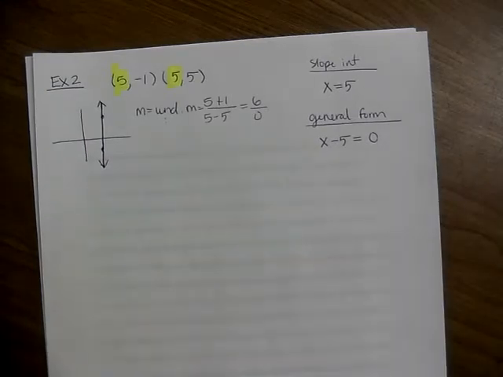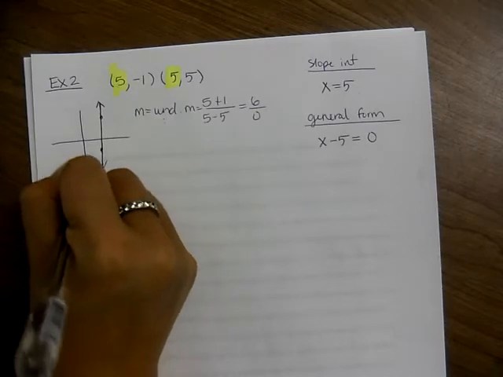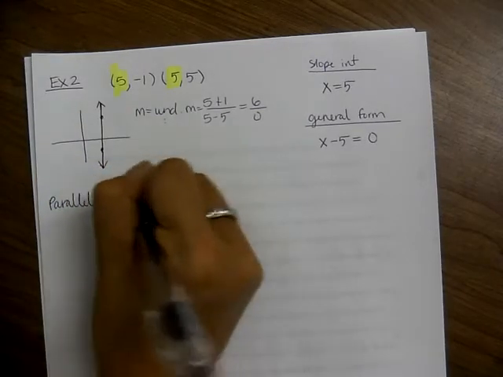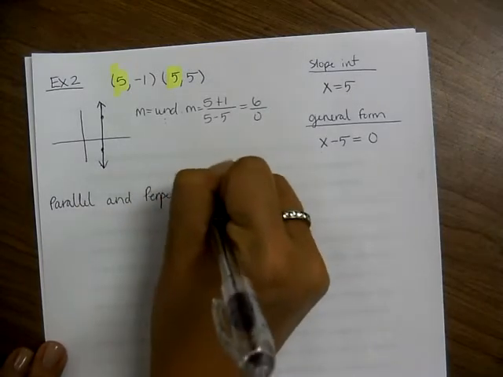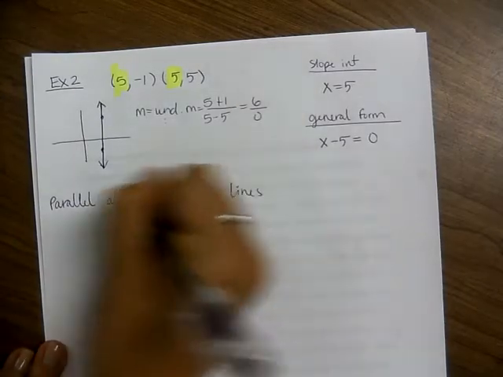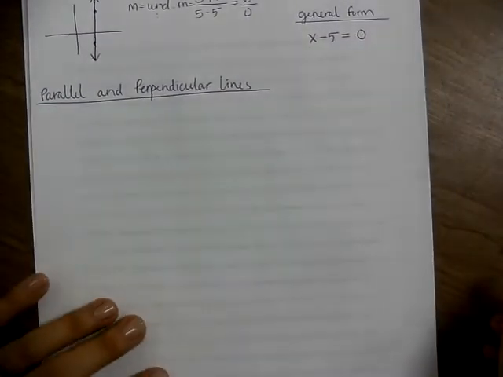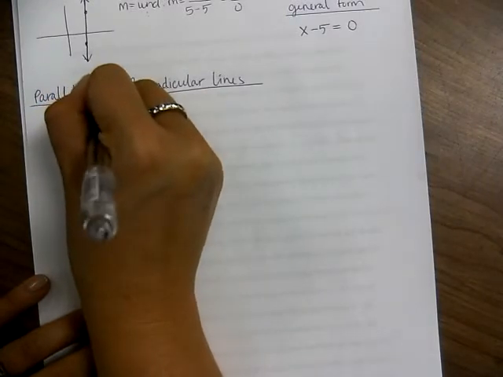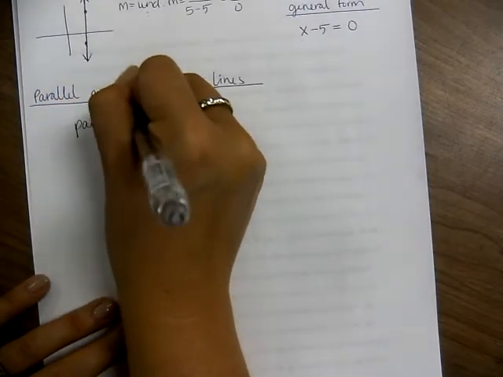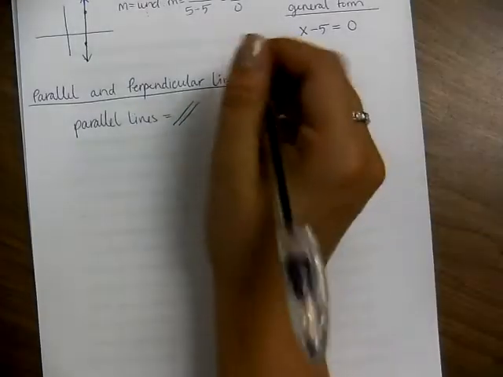All right, we're going to talk about parallel and perpendicular lines. Okay, so hopefully you remember some facts about these. Parallel lines, and remember the symbol for parallel is like those 2 slashes.